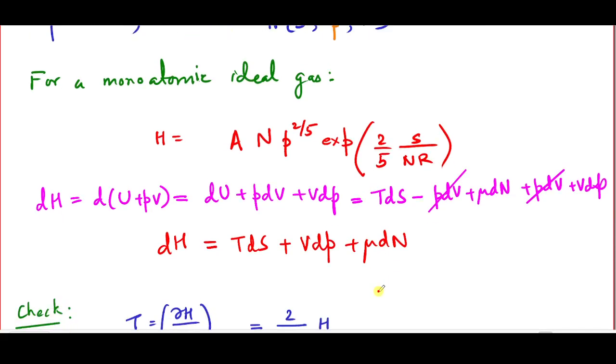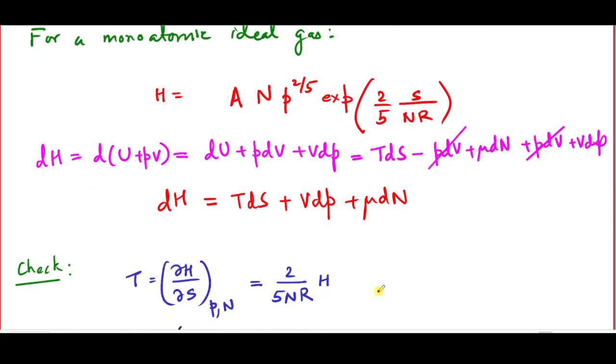For example, if you calculate del H del S, keeping P and N constant, you are definitely going to get T. Because at P and N constant, these two terms are going to drop out, and therefore dH will be simply TdS. Now, if you go back to our expression for the monoatomic ideal gas, the fact that H depends on the entropy through this exponential here, the 2/5 nR sitting in front of S, makes it very easy for us to calculate this derivative.